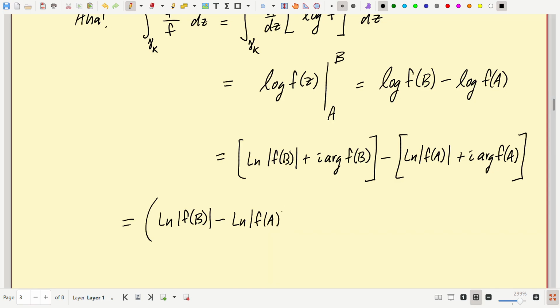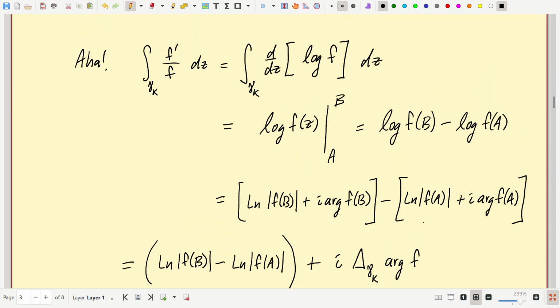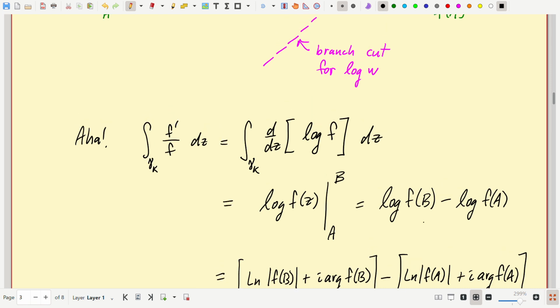I'm going to explain why that term is irrelevant to us. And then I'm going to get plus i times the argument of f of b minus the argument of f of a. That's an increase in the argument: the increase along gamma k of the argument of f of z. That's the argument at one end minus the argument at the other. And you notice that doesn't depend on the branch cut.